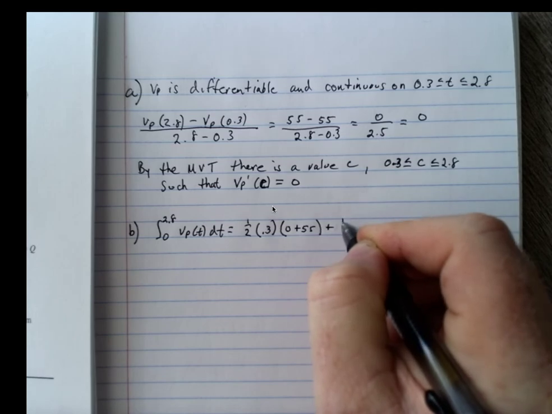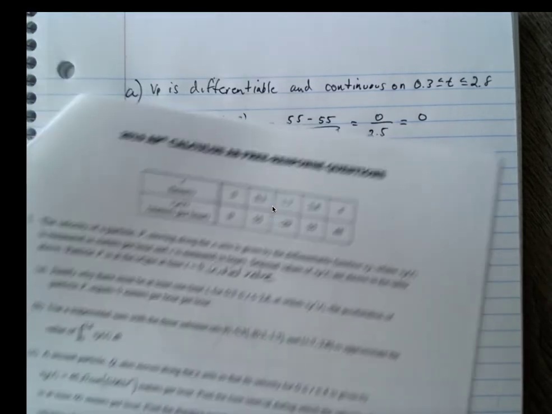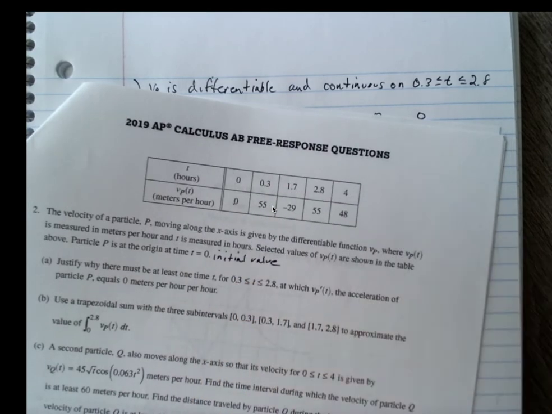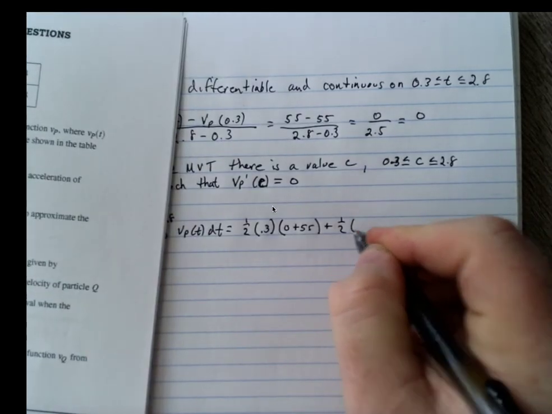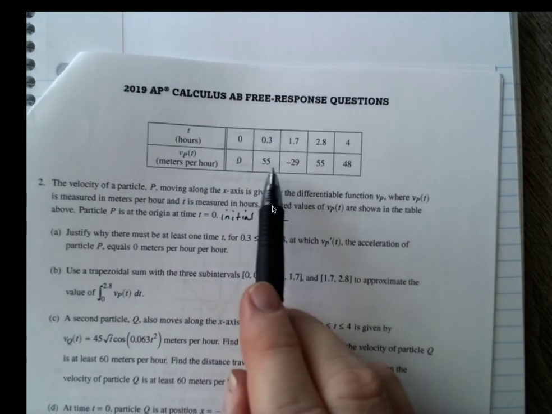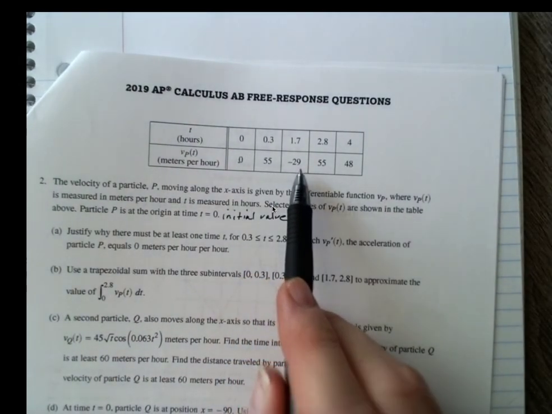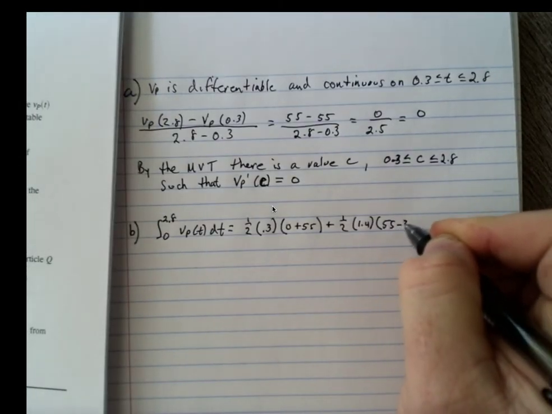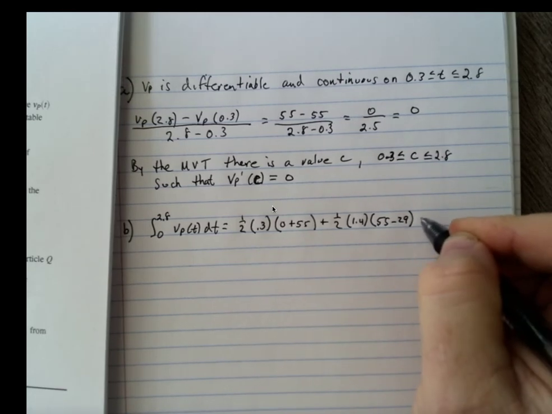Then my second trapezoid, 1/2 times the height. Okay, the height of this one is from 0.3 to 1.7, which is 1.4, times the sum of my bases, 55 plus negative 29, or just 55 minus 29.